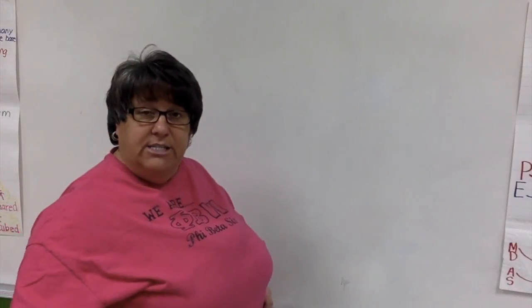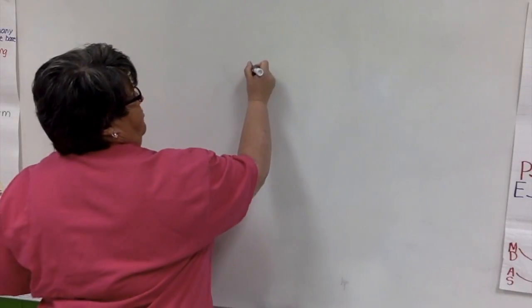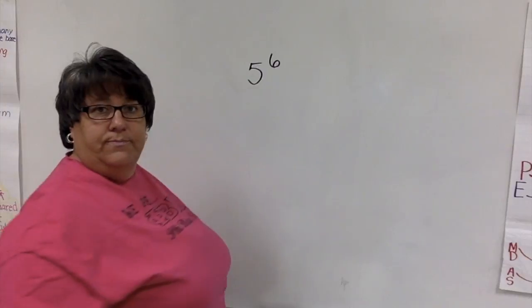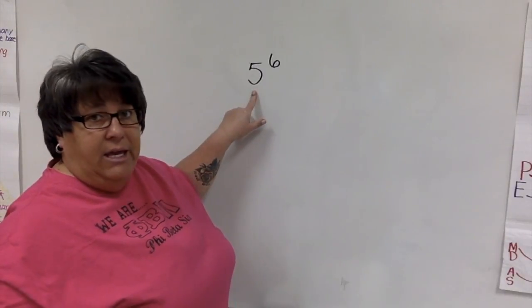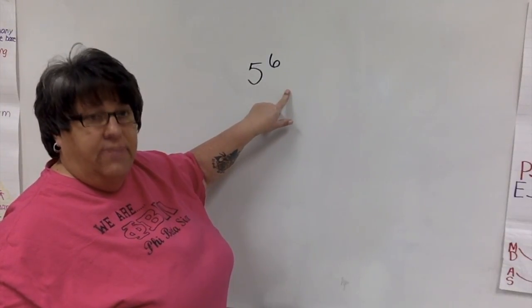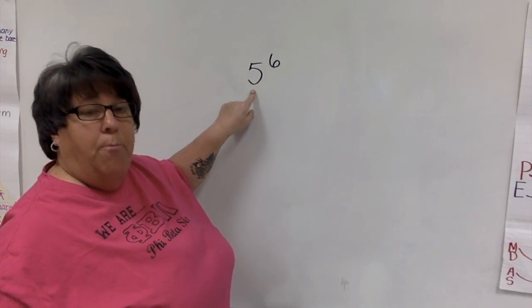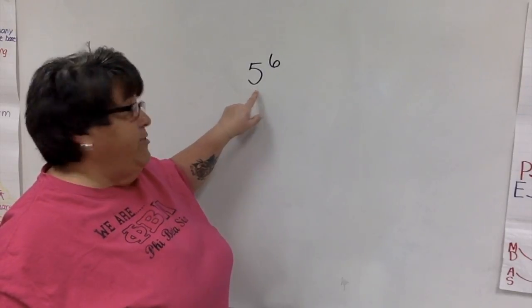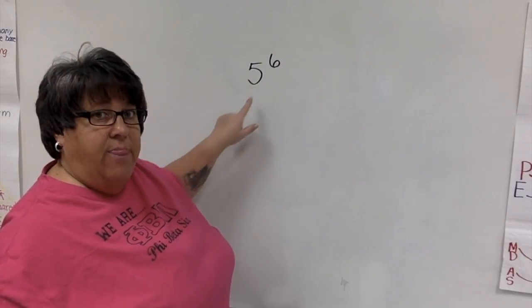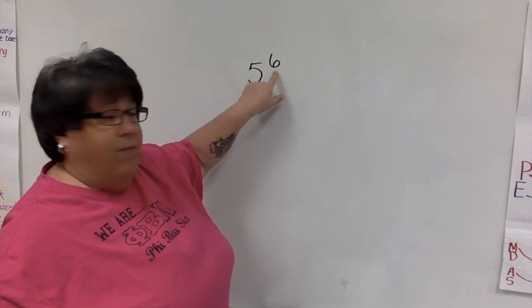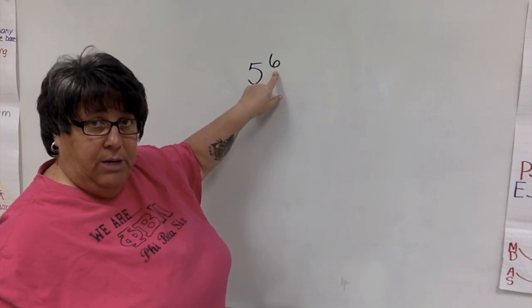You might see this year 5 to the power of 6. This does not mean 5 times 6. That is incorrect. This means 5 multiplied by itself 6 times. The base multiplied by itself the number that is stated in the exponent.